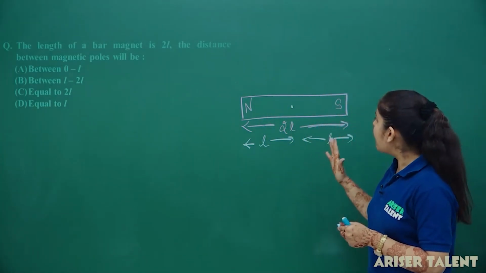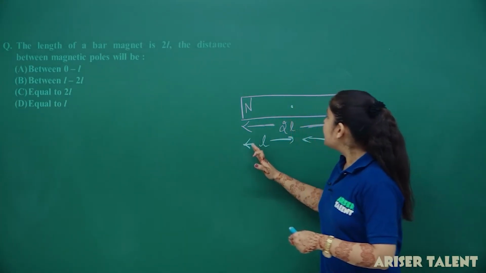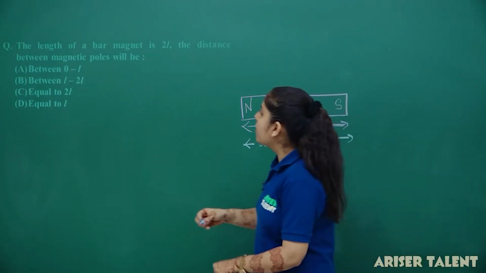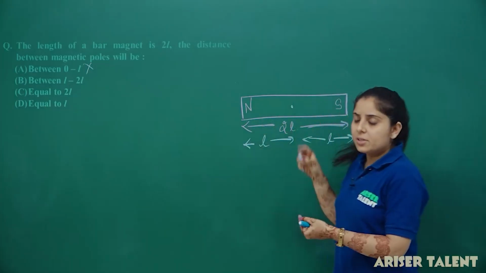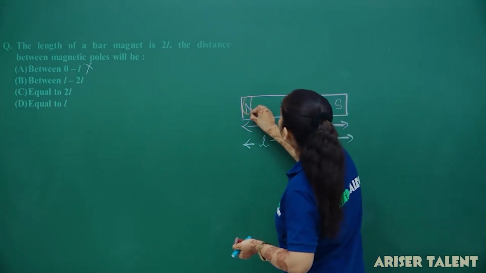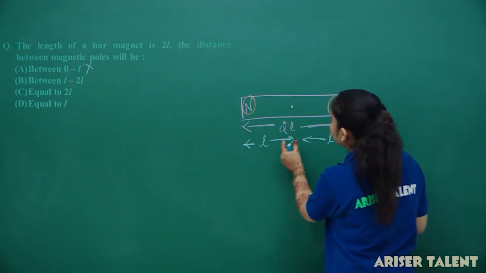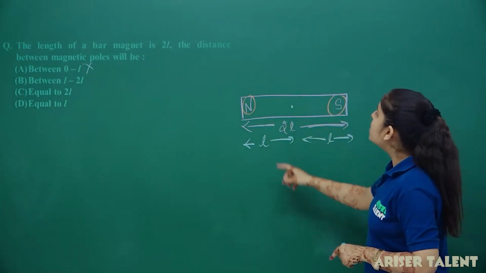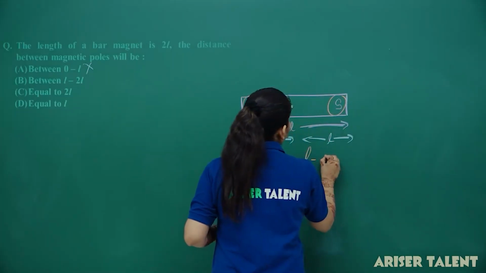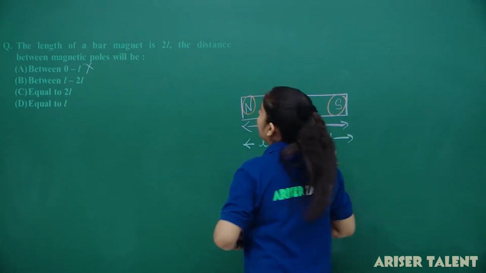The distance between the magnetic poles will not be between 0 and L, so this is not a correct option here. These are our magnetic poles, the north pole and south pole, and 2L is the total distance. So, the distance between the poles will lie between L and 2L.